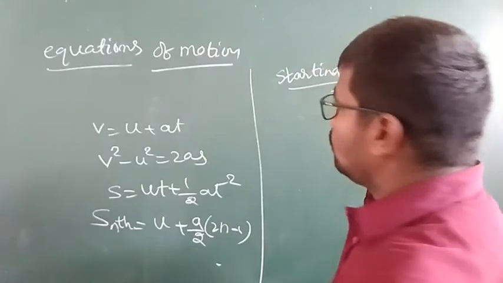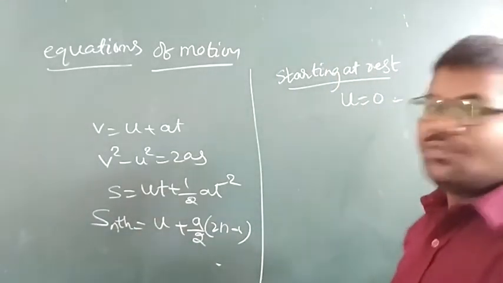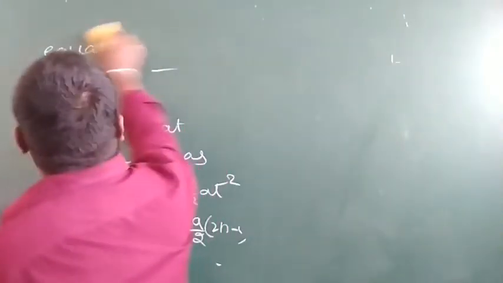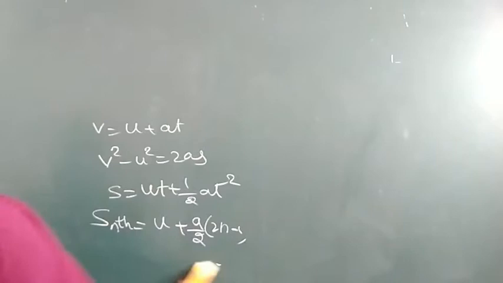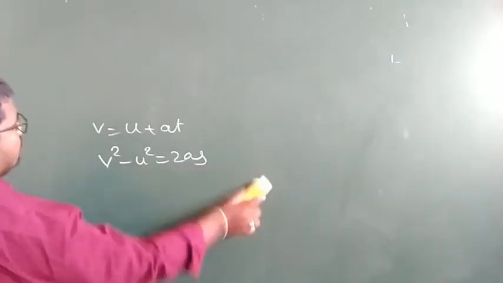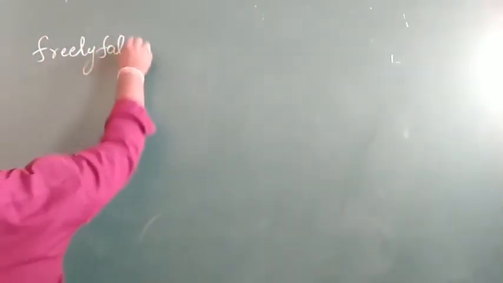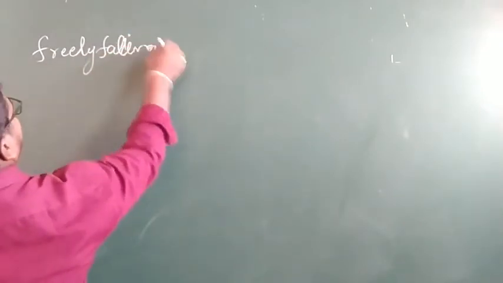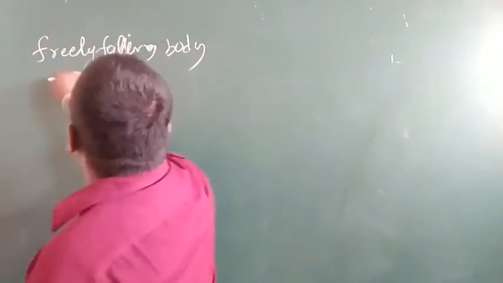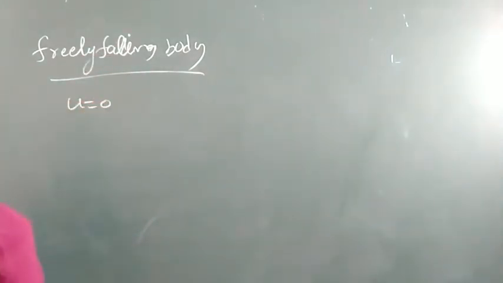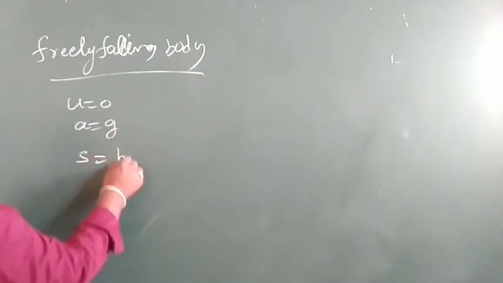Understand? Like that, a freely falling body. Freely falling body means initial velocity 0, a is equal to g, s is equal to h.